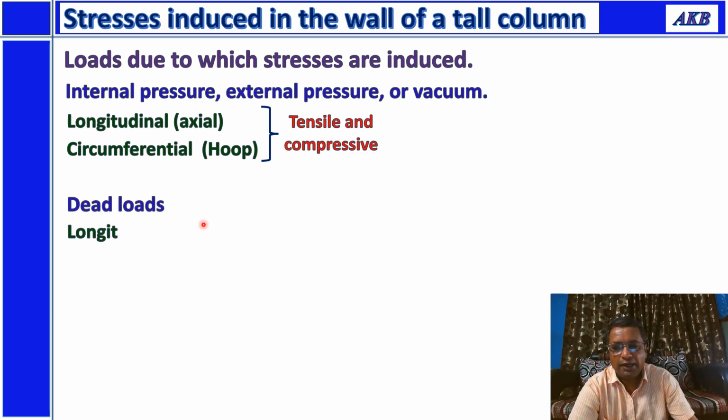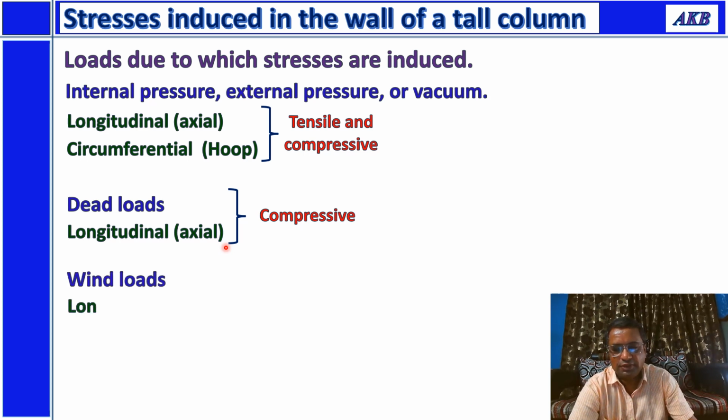Then dead loads are also responsible for stresses in the wall. These are longitudinal stresses, that is axial stresses, and their nature will be compressive. These stresses will be compressive. Wind loads also induce longitudinal stresses.